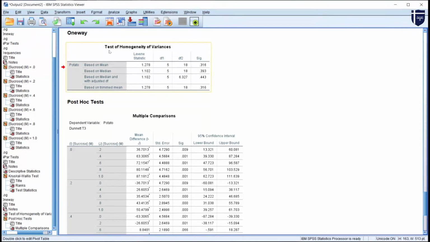But this is interesting, actually. So the Levene's test is saying for the potatoes that they're not significantly different from each other. The variances, the bell curves, the shape of the normal distribution for your little sample at each concentration of sucrose is not different from each other.